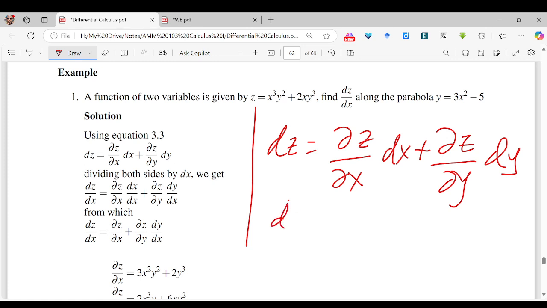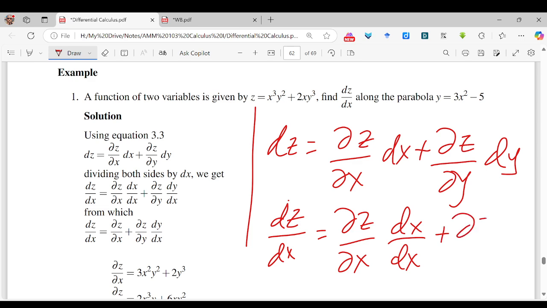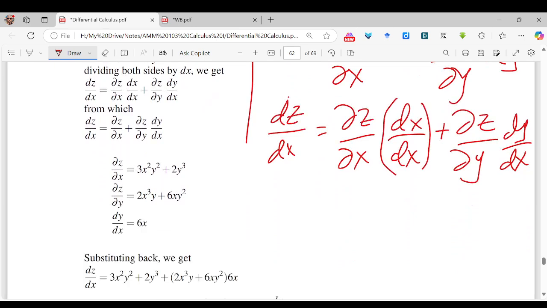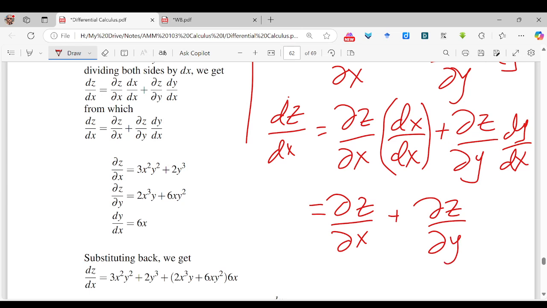In this case, we have dz/dx equals the partial derivative of z with respect to x times dx divided by dx plus the partial derivative of z with respect to y times dy divided by dx. In this case, dx divided by dx is 1. So we get the partial derivative of z with respect to x plus the partial derivative of z with respect to y times dy/dx.